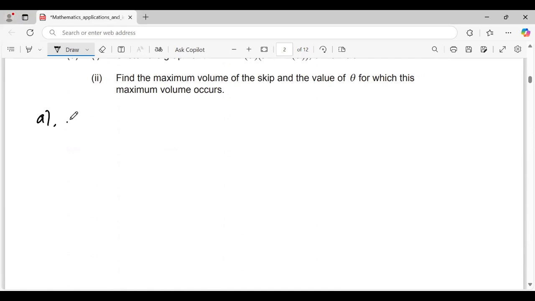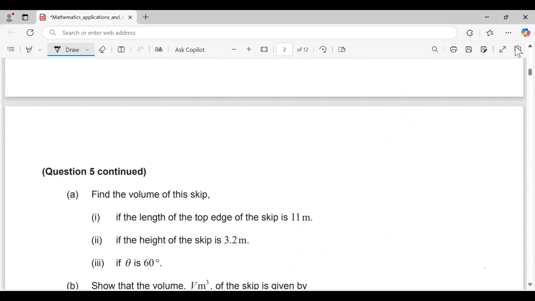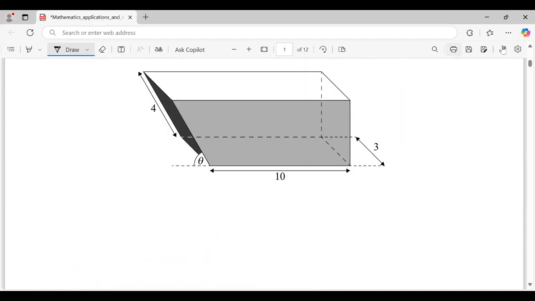So first we need to find the height. The slope is 4, and this side is 1.